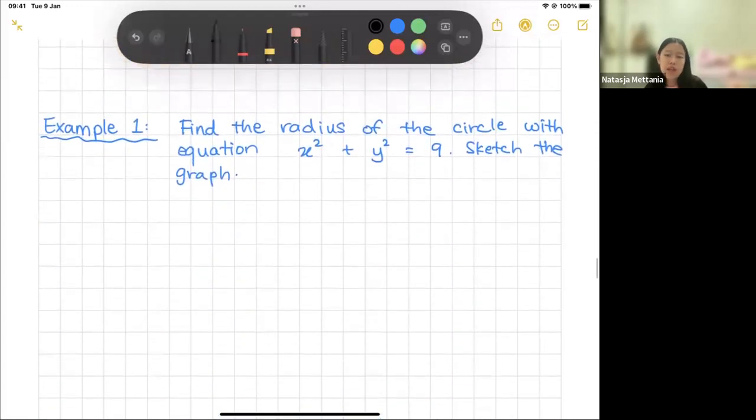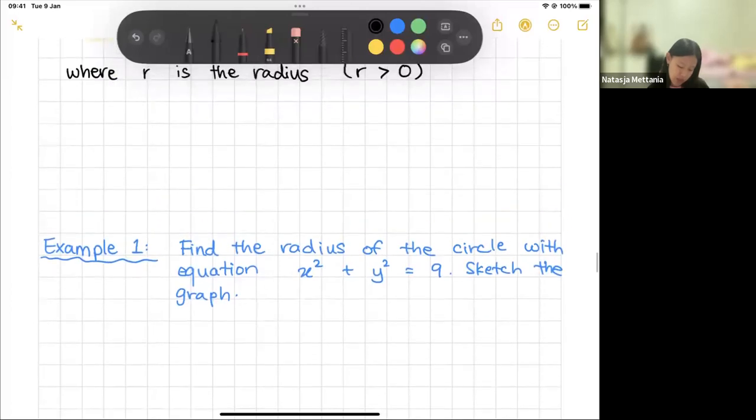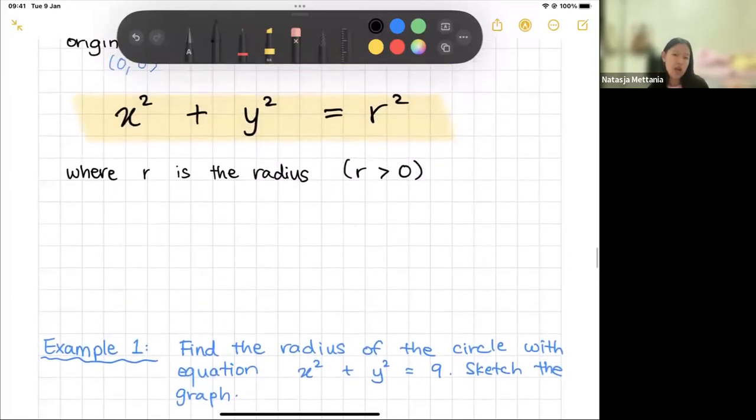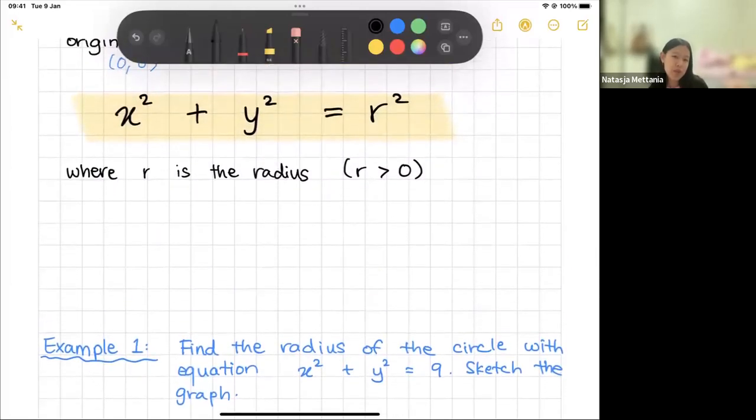It says find the radius of the circle with the equation x squared plus y squared equals 9 and sketch the graph. First up, let's look at our formula, x squared plus y squared equals r squared. To find the radius, I want to find r by itself.